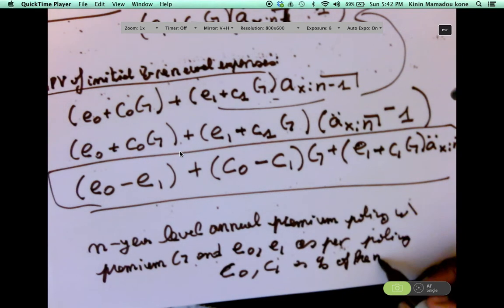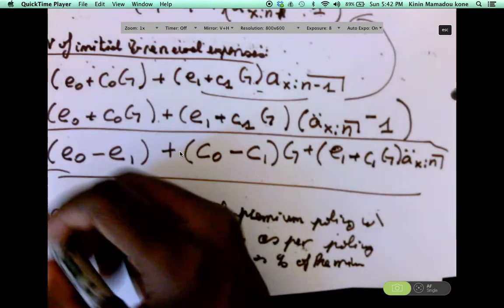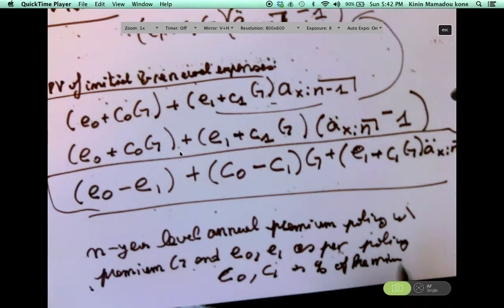So this is the formula. When you have that, all you have to do is plug it in.